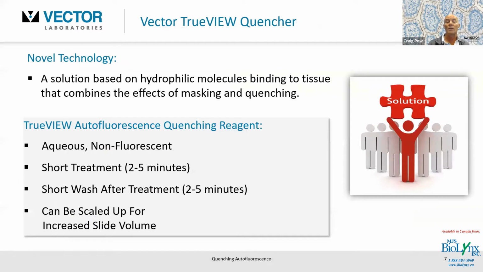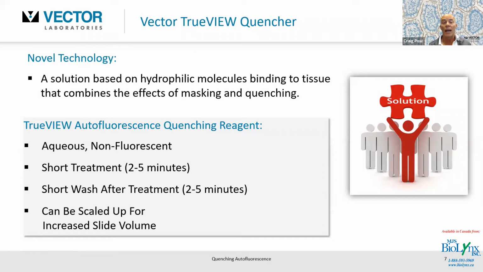So let me introduce you to something called our Vector TrueView autofluorescence quenching reagent. As I've listed there, it's a novel technology, a solution based on hydrophilic molecules that bind to the tissue and greatly reduce background autofluorescence.